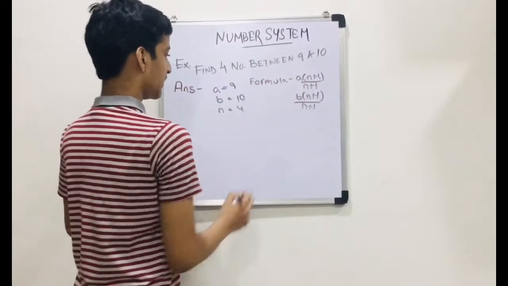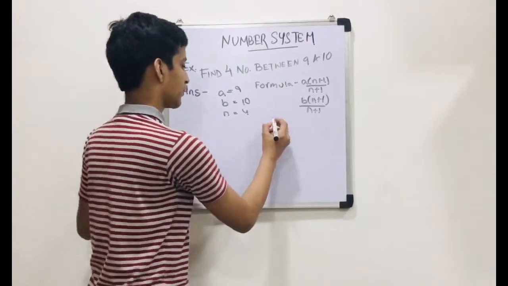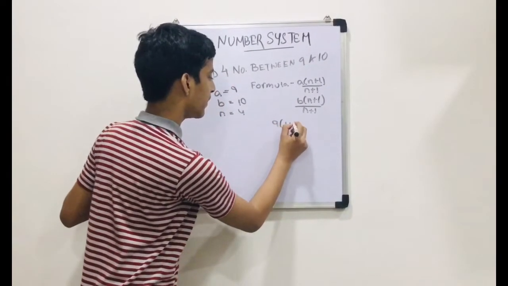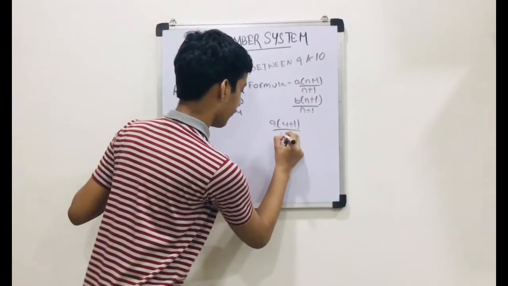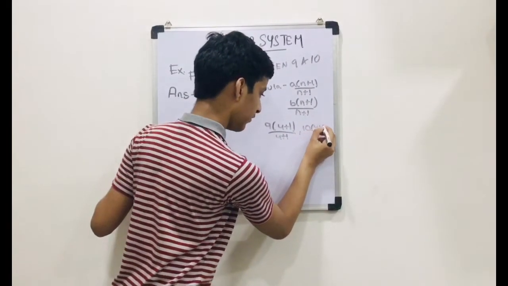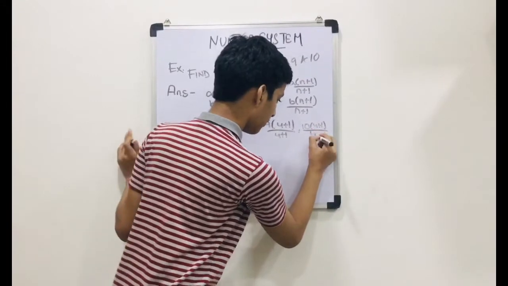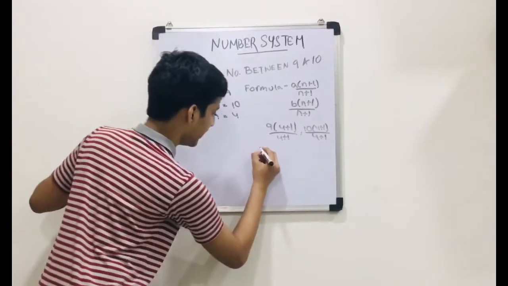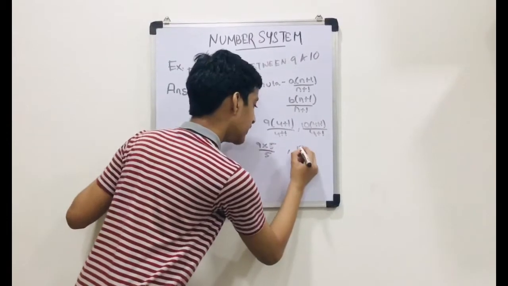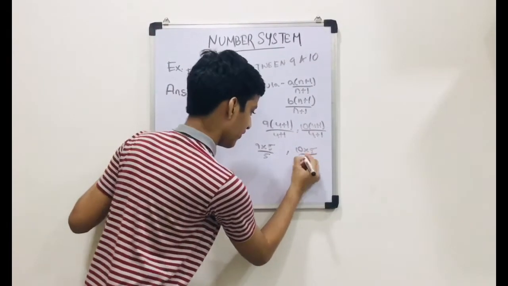If we solve these both and put values in them, so we will get 9(4+1)/(4+1) and 10(4+1)/(4+1). So here we get 9 into 5 upon 5 and 10 into 5 upon 5.